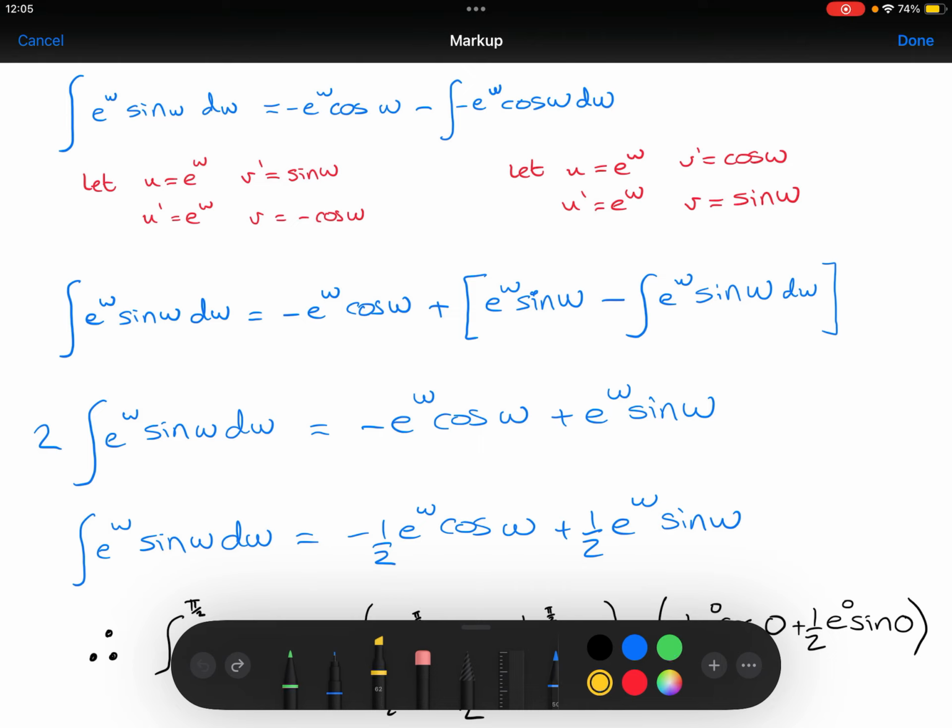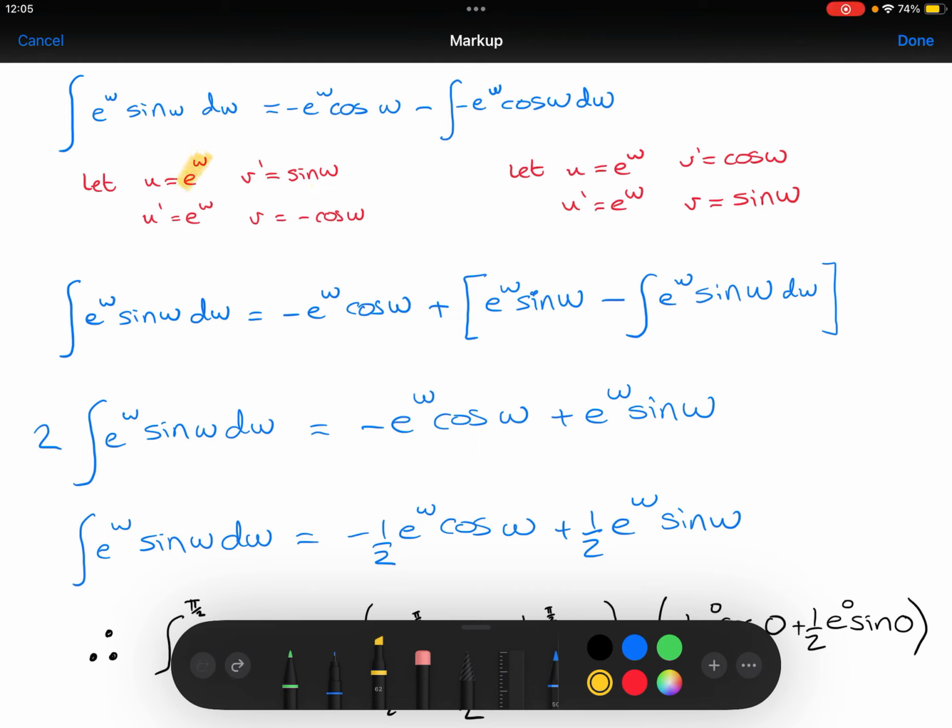Right, so I've selected the u to be e to the power w, and I've selected my v dash to be the sine w. So this is my u, and this is my v dash. Differentiating the e to the power w will be e to the power w. Integrating the sine w will be minus cos w. And now I'm applying the by parts formula.